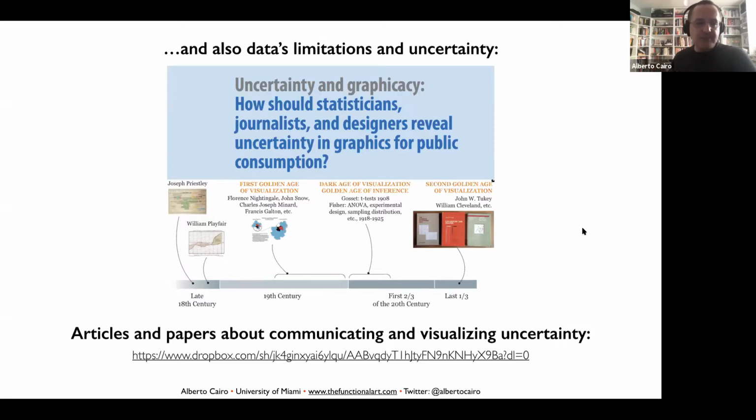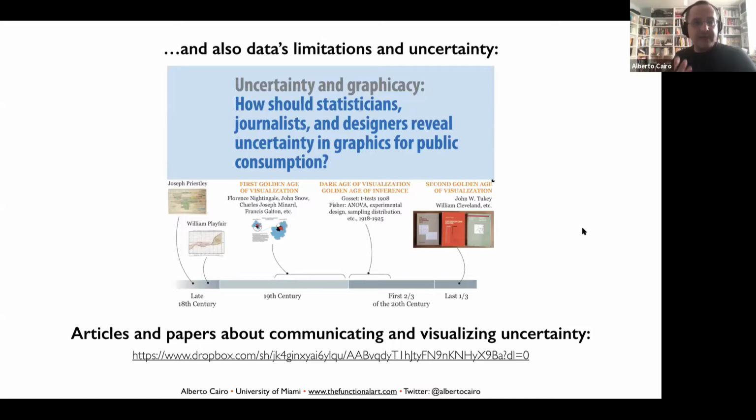So here I have just put a link to a Dropbox that I put together with tons of articles that deal with the visualization of uncertainty, including one that I wrote a while ago as an overview of the history of the visualization of uncertainty, and a few reflections about why some people visualize uncertainty, some people don't visualize uncertainty, and the many ways that have been proposed to visualize this uncertainty correctly.